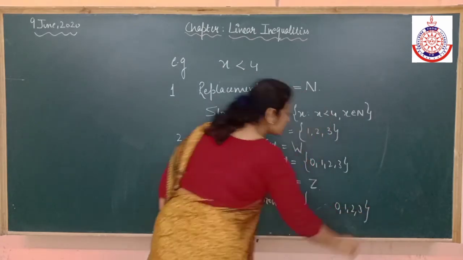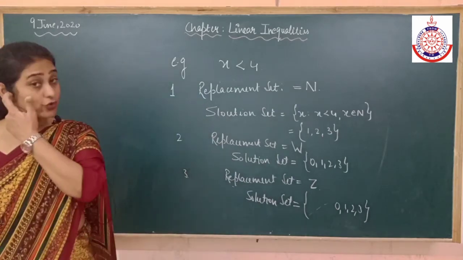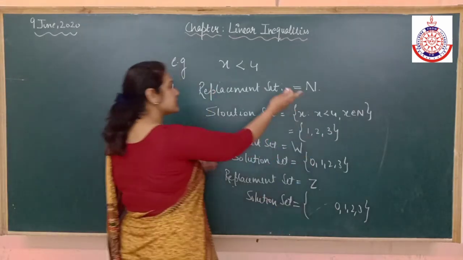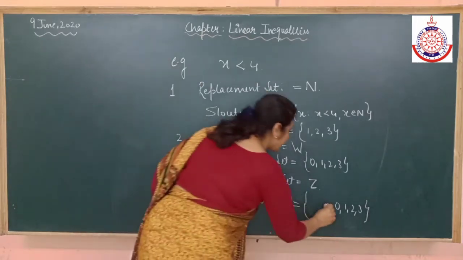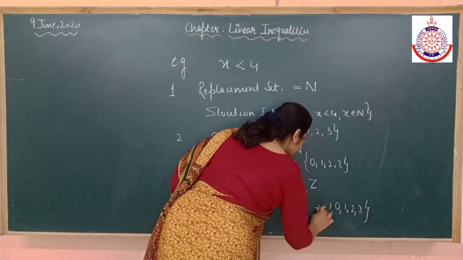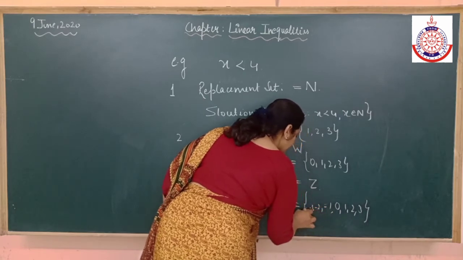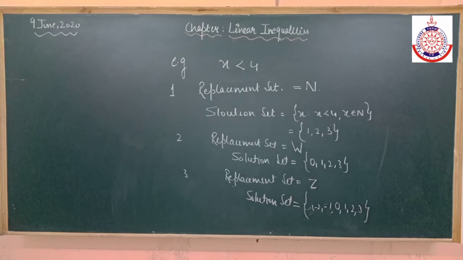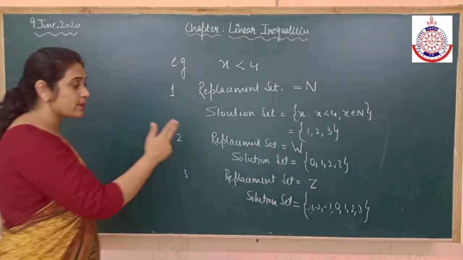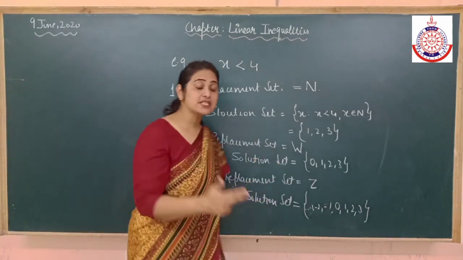I can't go beyond this because it is less than 4. And on this side, because it is less than 4, I can go anywhere, so it's going to be -1, -2, -3 and so on. Less than 4 means all the integers which are less than 4, starting from 3, 2, 1, 0, -1, -2, -3 and so on.